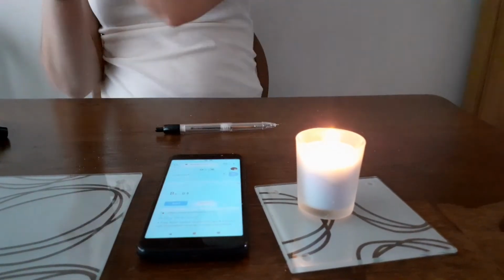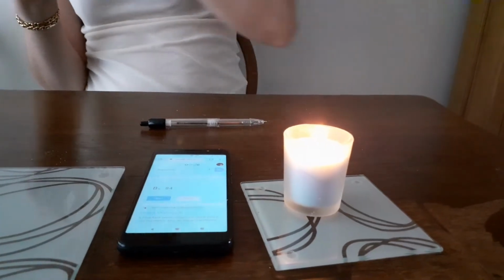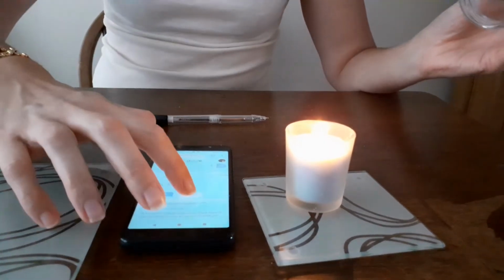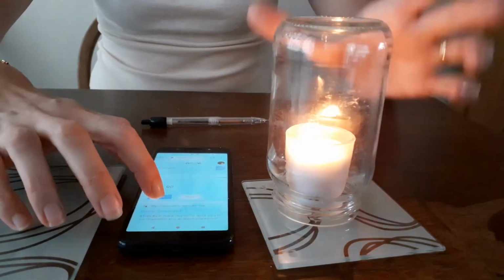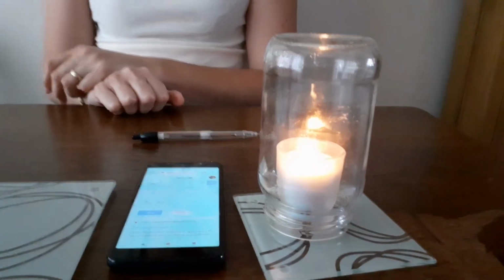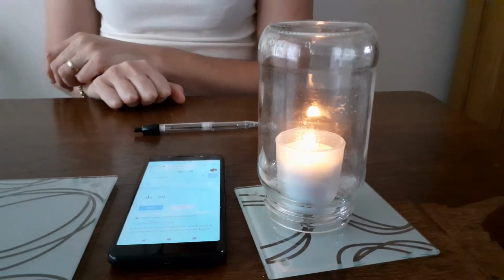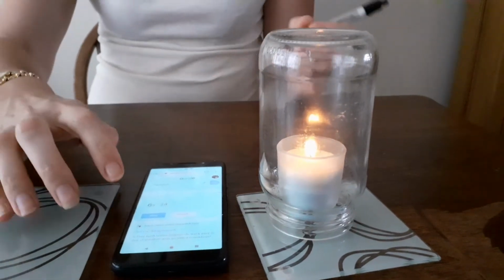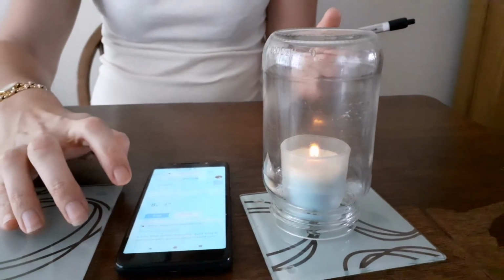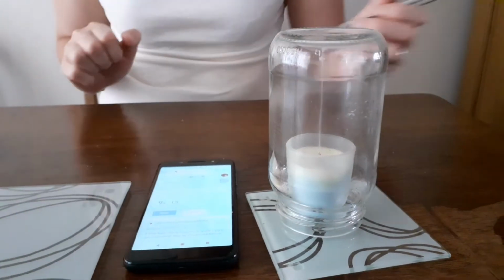Just going to catch some gas with this to make sure it's all nice and fresh. Reset this and off we go. And that was 9 seconds.